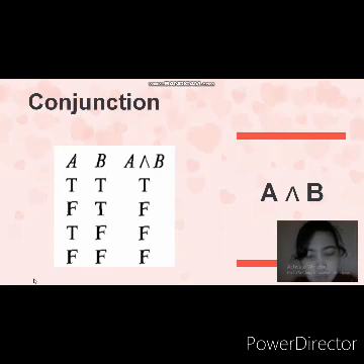A and B is true when and only when both A and B are true. Note that there are 4 rows in the table corresponding to the number of possible assignments of truth values to A and B.